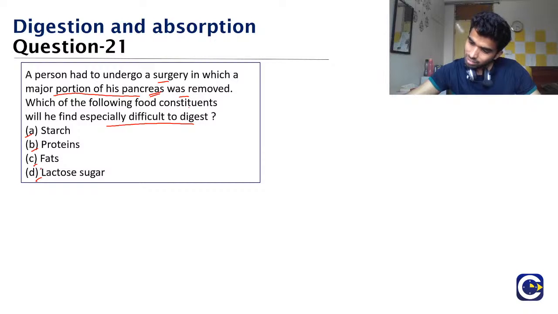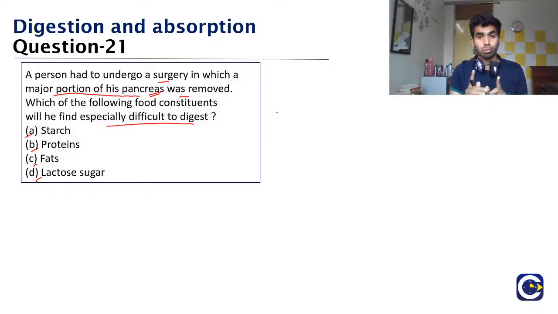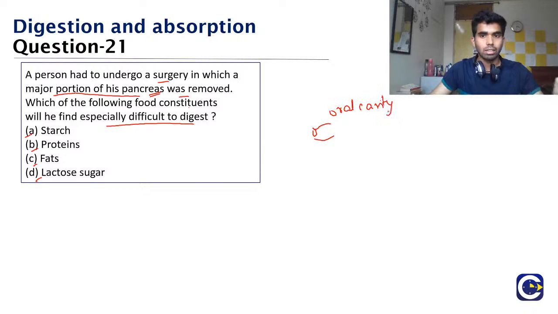Then yes, Lake Priya. See, we have discussed that the starch is first digested in the oral cavity. Then from the oral cavity, this is the esophagus. From the esophagus, it is the stomach.